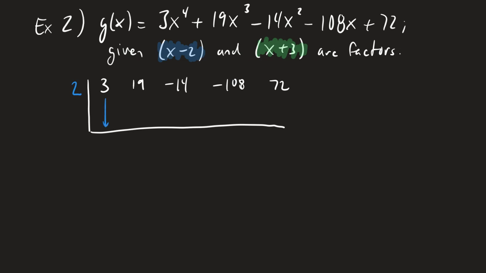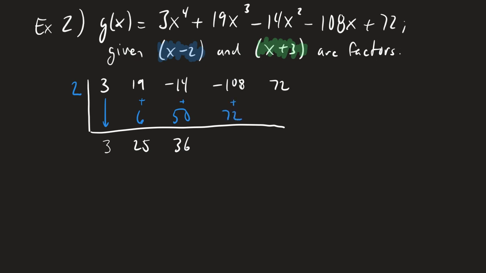Drop down the 3. 2 times 3 is 6. Add those together, should get 25. 2 times 25 is 50. Add those together, get 36. 36 times 2 is 72.